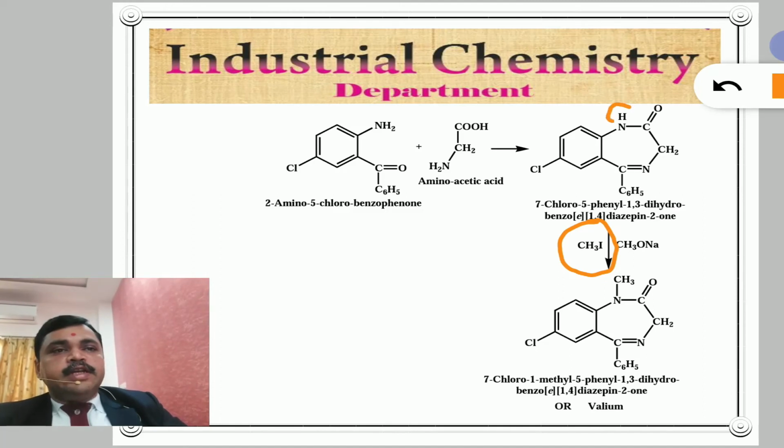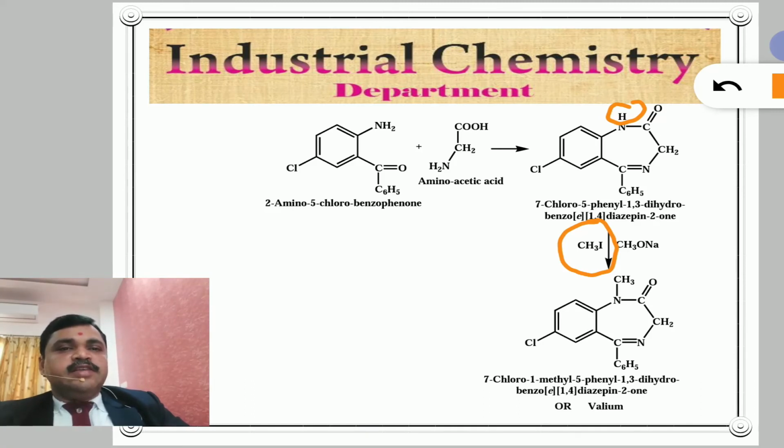This hydrogen is substituted by CH3. So we get our final product Valium. Chemically, Valium is 7-chloro 1-methyl 5-phenyl 1,3-dihydrobenzo[e] 1,4-diazepine 2-one. We know it as Valium.